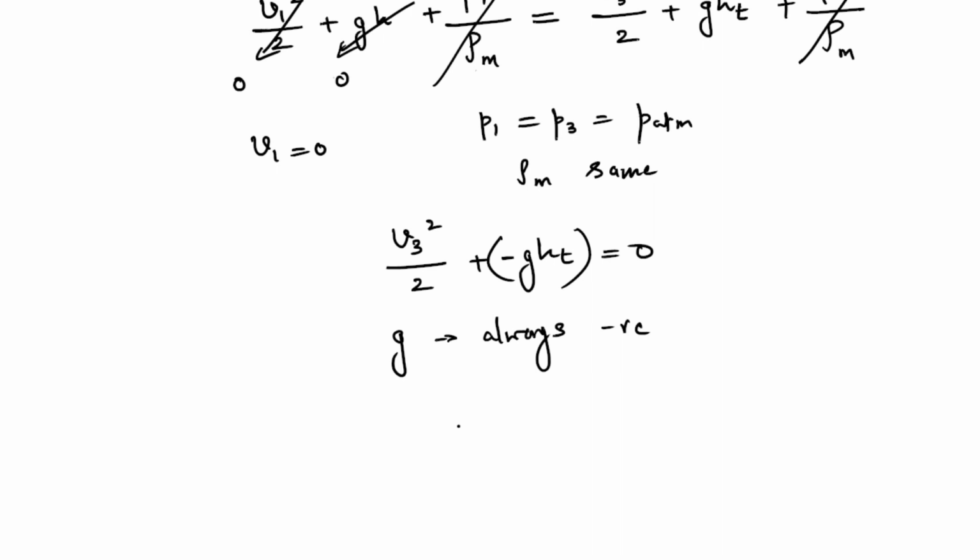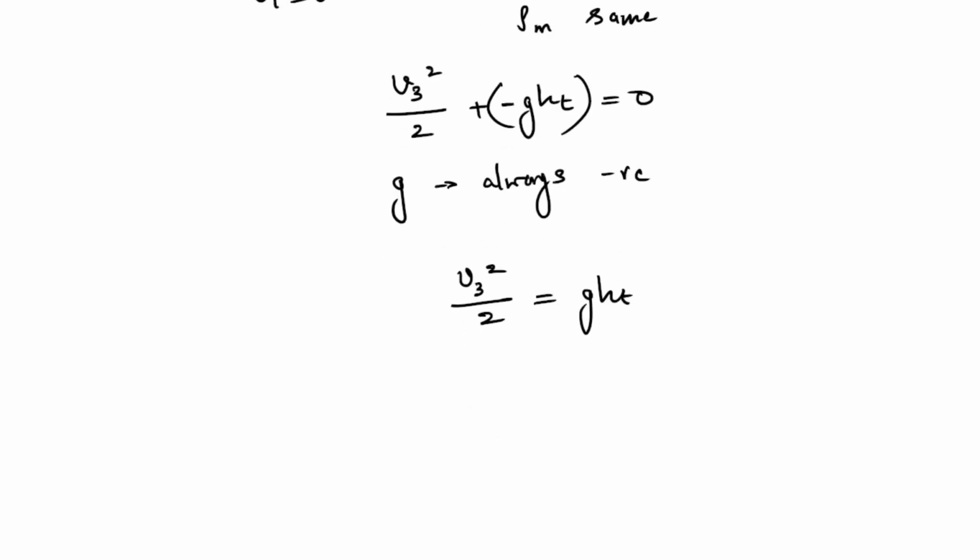So what do we get here? V3 squared by 2 equals g h total, which means V3 equals the square root of 2 g h total. You must have learned this formula somewhere else, but I wanted to mention that this is how we can calculate the velocity of liquid at any given point.